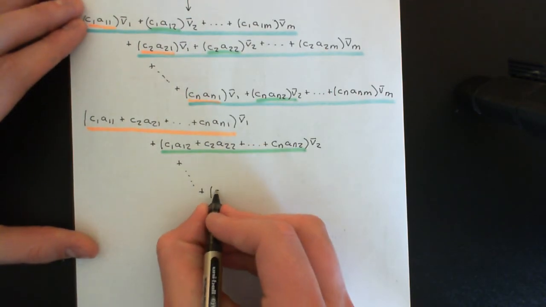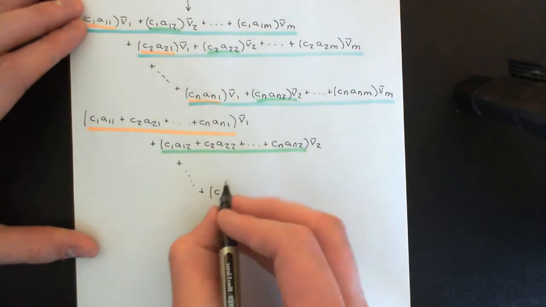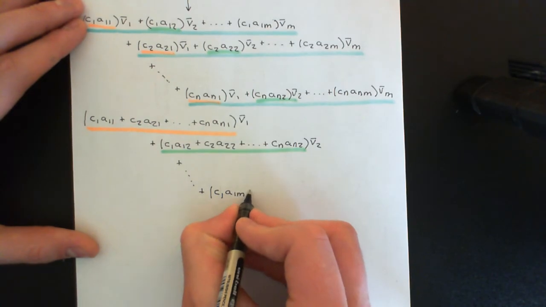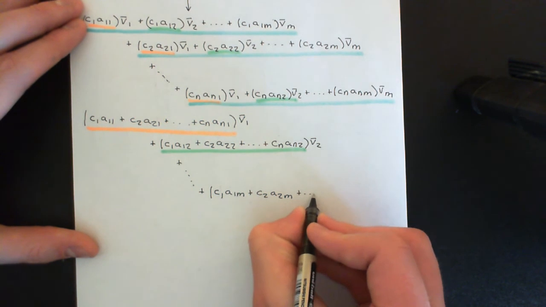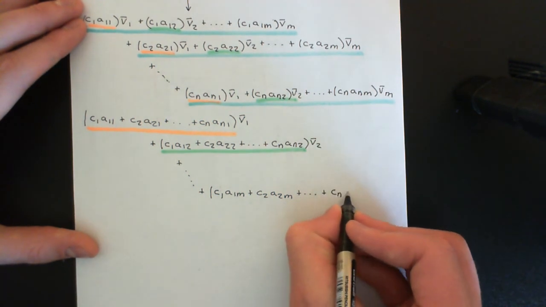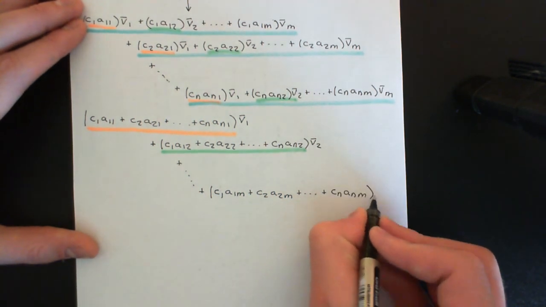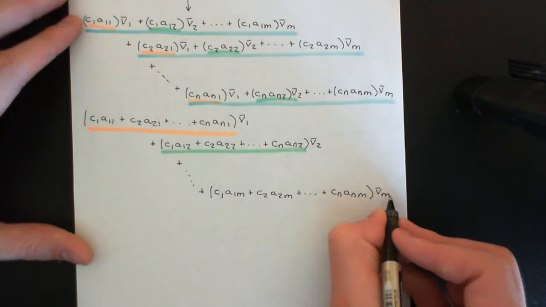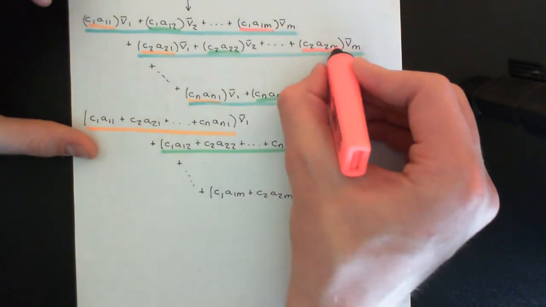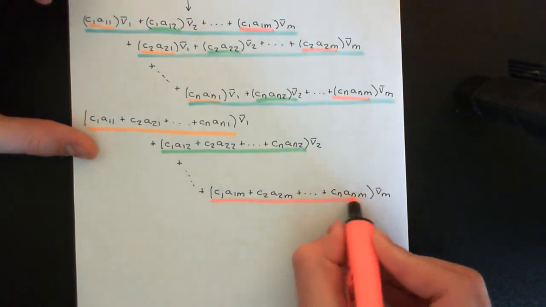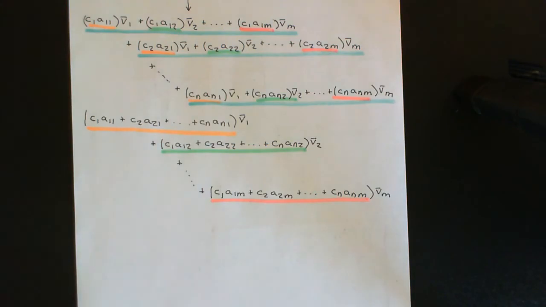Okay, so then what we'll have is c1 a1m plus c2 a2m plus all the way along until we've got plus cn anm here. Okay, and all of that multiplied by v bar n. Okay, and colouring this in as well, we've got this one plus this one plus this one all collected together to make one element of the field, and then we're multiplying that by v bar n.